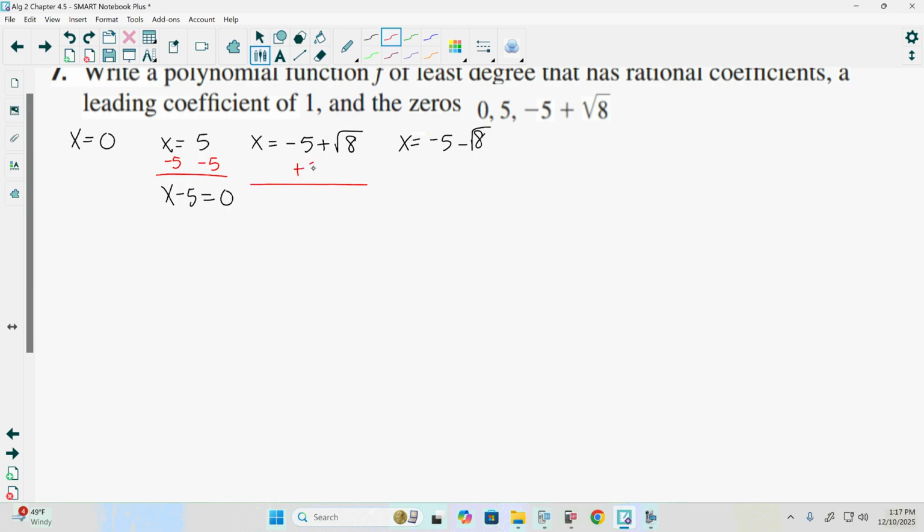For our next one, we would add 5, telling us that x plus 5 is equal to the square root of 8, then subtract the square root of 8 from both sides, telling us that x plus 5 minus the square root of 8 is going to be our next factor.